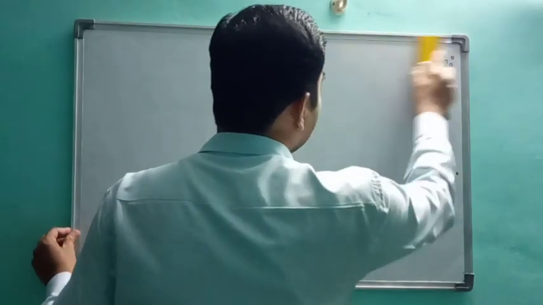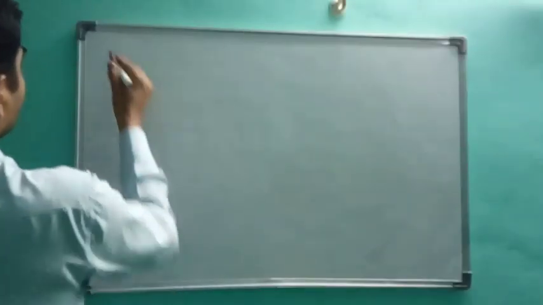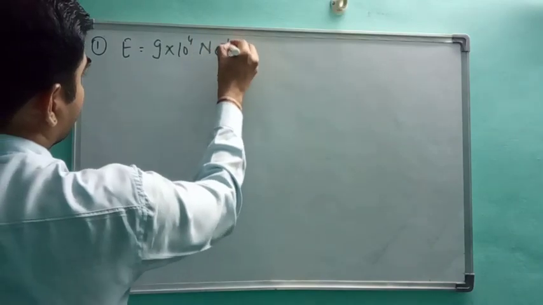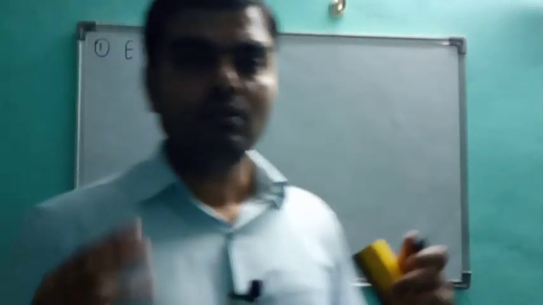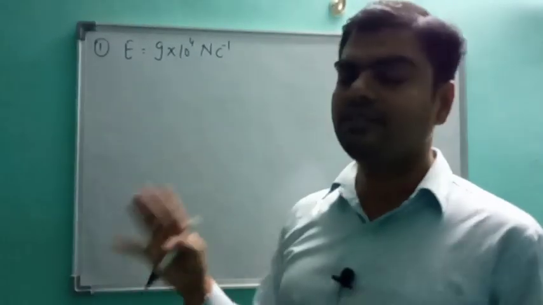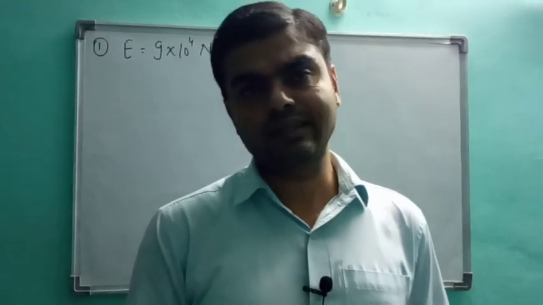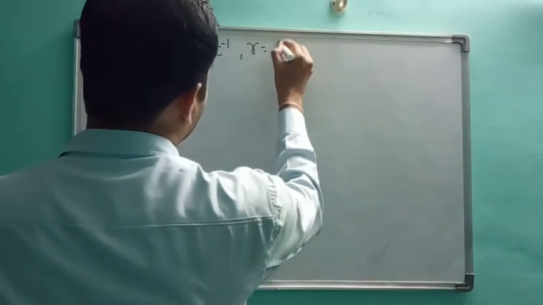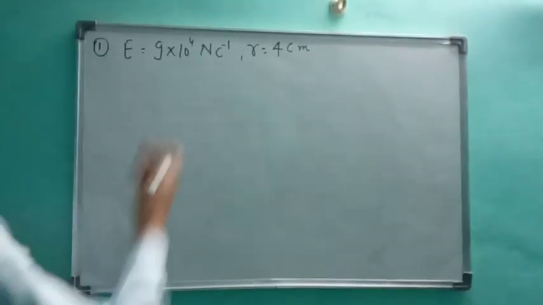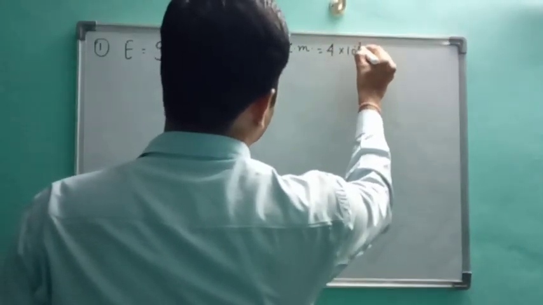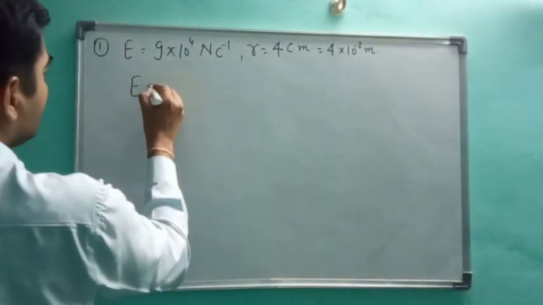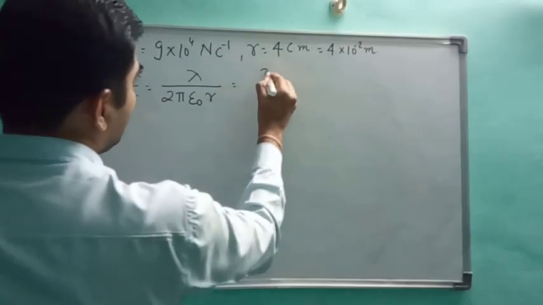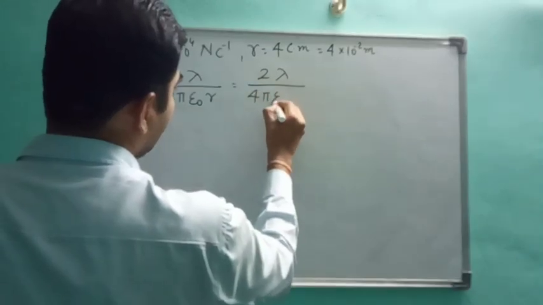The electrical field is given, so the electrical field value is 9 into 10 to the power 4 Newton per coulomb. My dear friends, most importantly identify the SI unit. From the SI unit you can find out what this value is related to and what it connects to. Now distance r is 4 centimeter. Convert 4 centimeter to 4 into 10 to the power -2 meter. And now the electrical field E is equal to lambda upon 2 pi E naught r, or 2 lambda upon 4 pi E naught r.